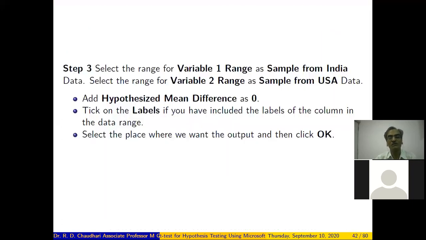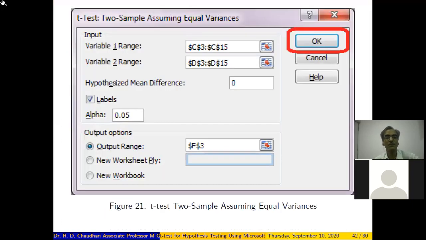This is how we specify the variable range for the first variable, the range for the second variable, then the hypothesized mean difference, that is 0. Since we have selected the data along with the labels, tick the labels box, specify the level of significance alpha as 5%, and specify the cell address where you want the output.